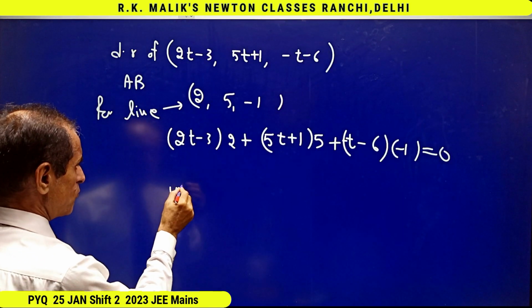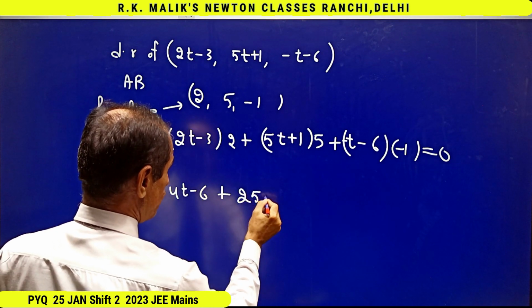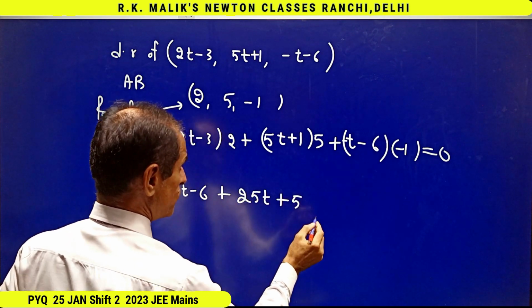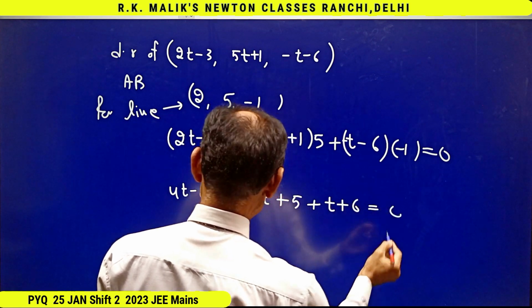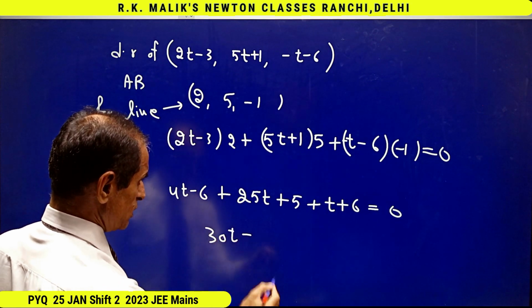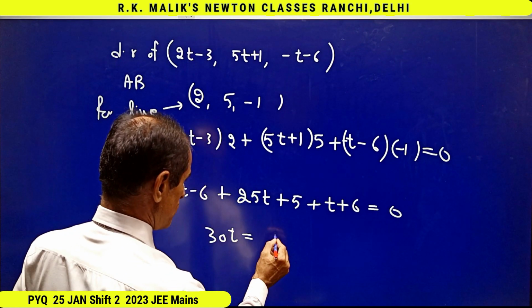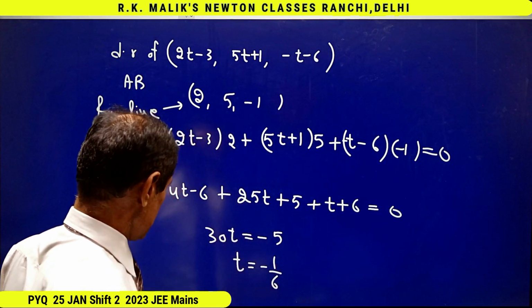That is, I get 4t minus 6 plus 25t plus 5 plus t plus 6 equal to 0. That is, I get 30t equal to minus 5, so t equal to minus 1 by 6.